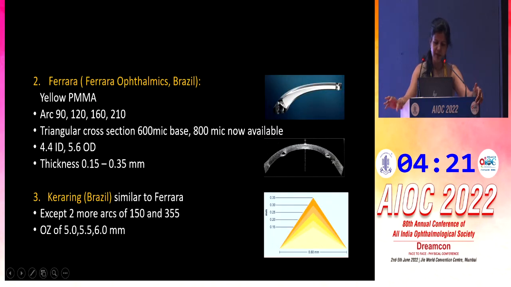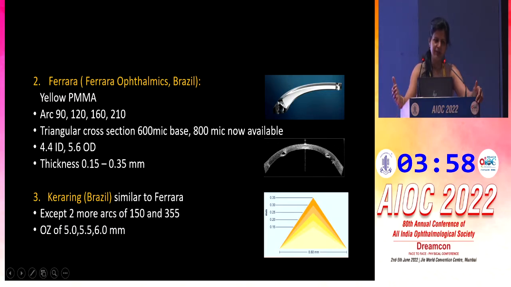The Ferrara are yellow PMMA rings with multiple shapes of arc. They have a triangular cross-section and the height varies. So you have a 600 micron base, 800 microns also available, and the thickness depends on the height of the segment. As you can see over there, as the pyramid height increases, the thickness of the segment has increased.